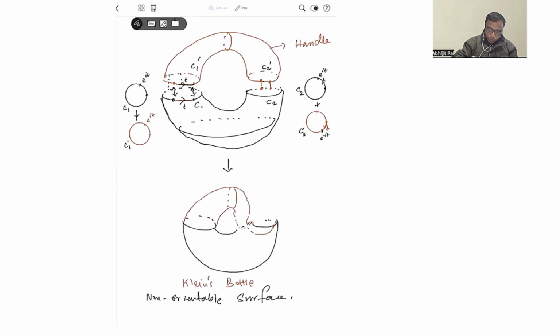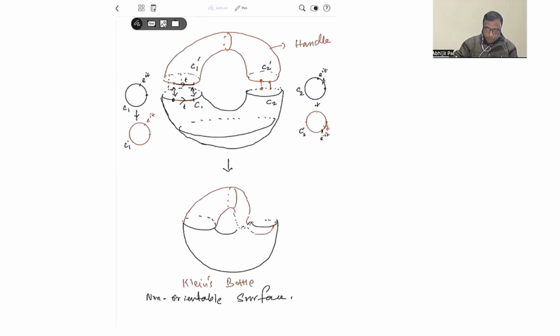That is your handle. So here you attach C1 to C1 prime again by the identity map, e to the power it goes to e to the power it.